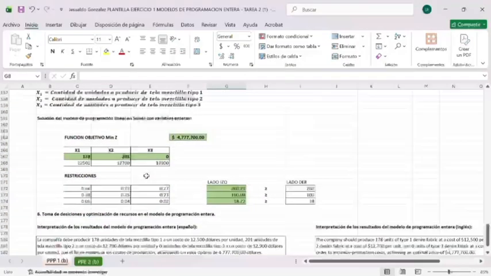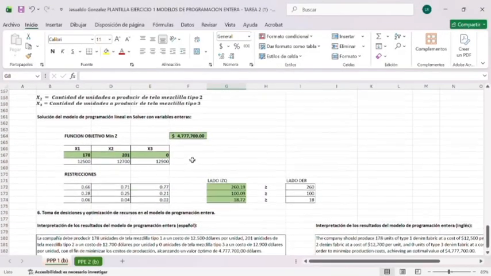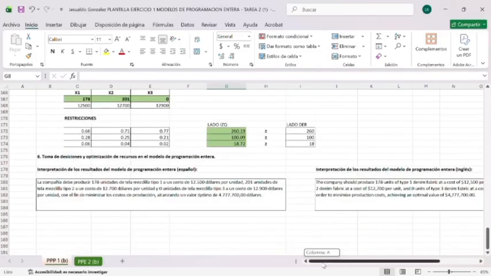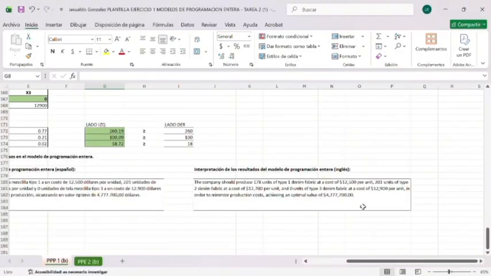So by solving it in Excel, we could program this, and the results that we obtain could be interpreted this way.